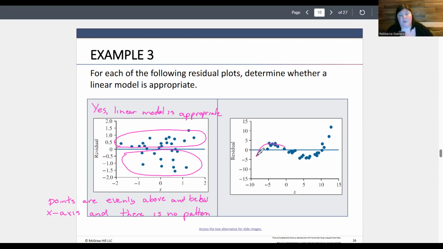So if we look at this other one, well, there's definitely a pattern there. So we have a curvy pattern. Because we see a definite pattern here, then we would say, no, a linear model is not appropriate.